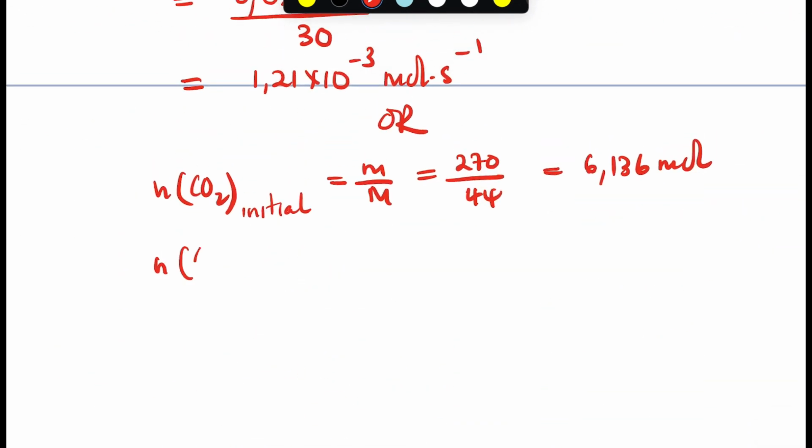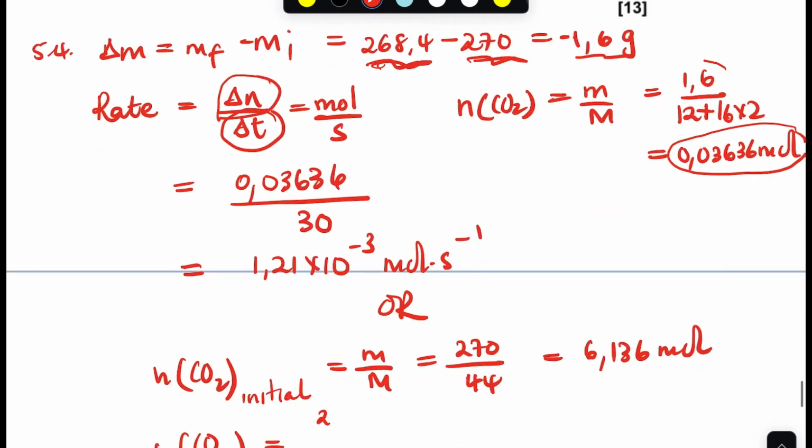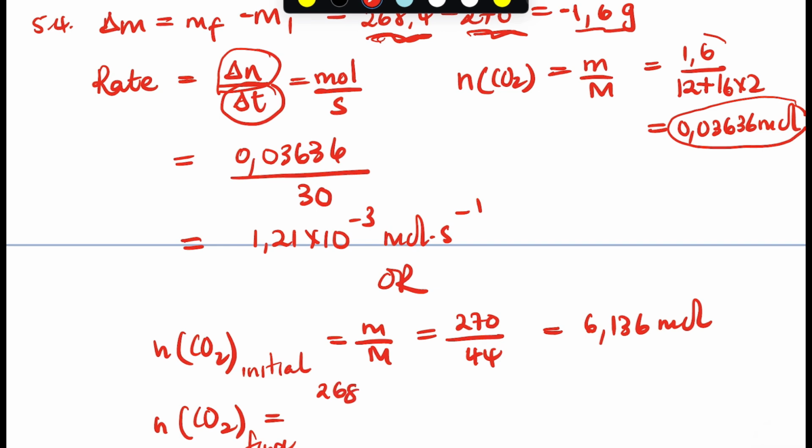The number of moles of carbon dioxide, which is the final now, the mass is 268.4. We divide by 44, 268.4 divided by 44 is 6.1 mole.